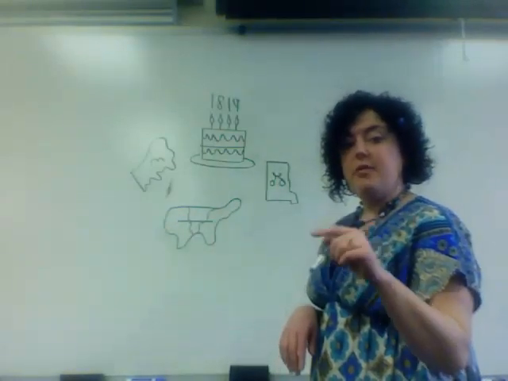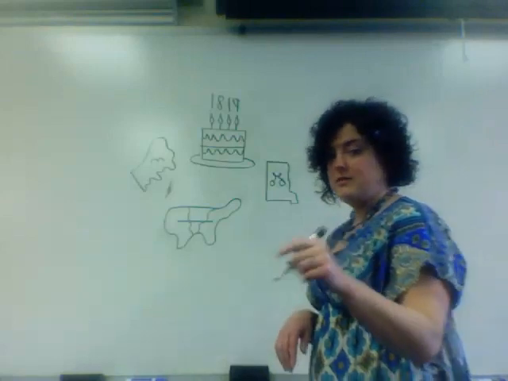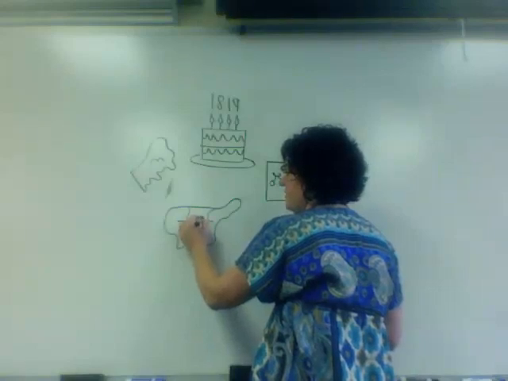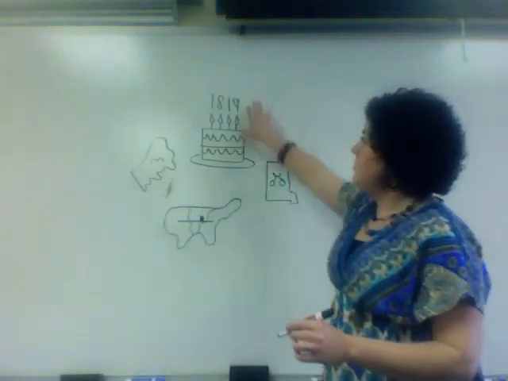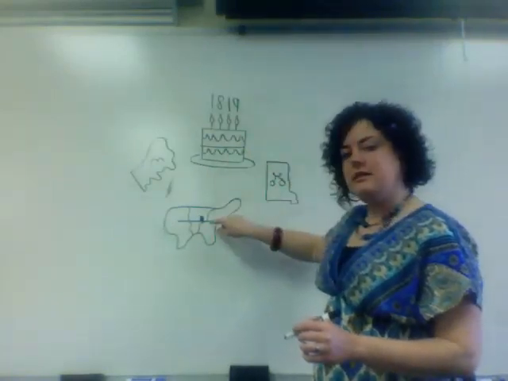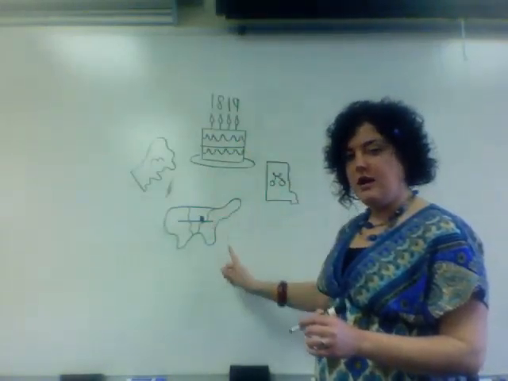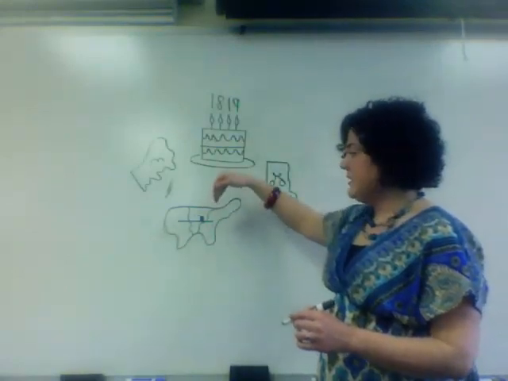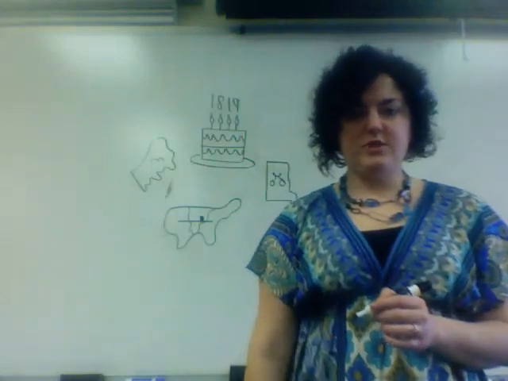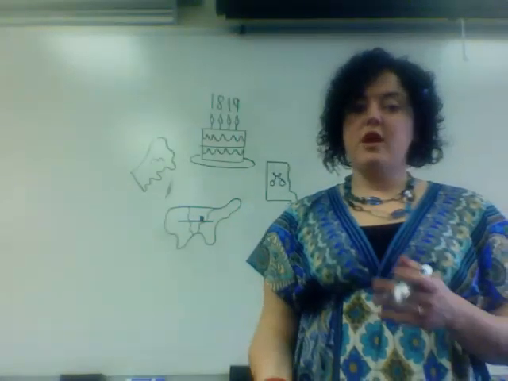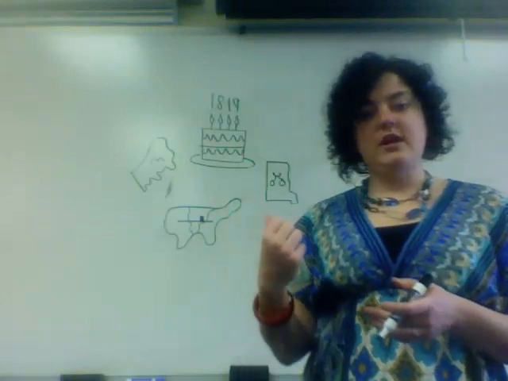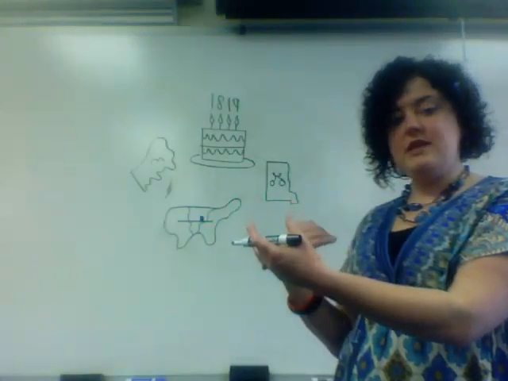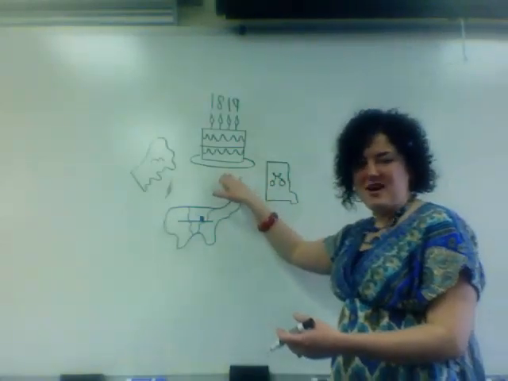The only state above that line that had slaves was Missouri, which we just talked about. The Missouri Compromise in 1819 outlawed slavery in all areas north of the 36-degree latitude line. It allowed slavery anywhere south of that line. Missouri, of course, was the one exception. So by adding Maine and Missouri at the same time, the northern states and the southern states both got a little bit of what they wanted.